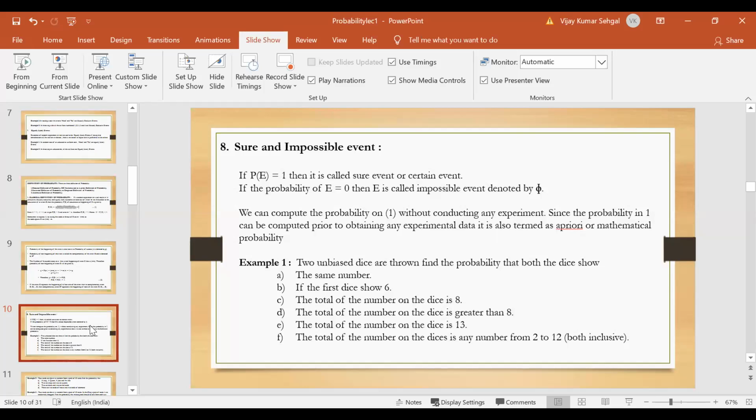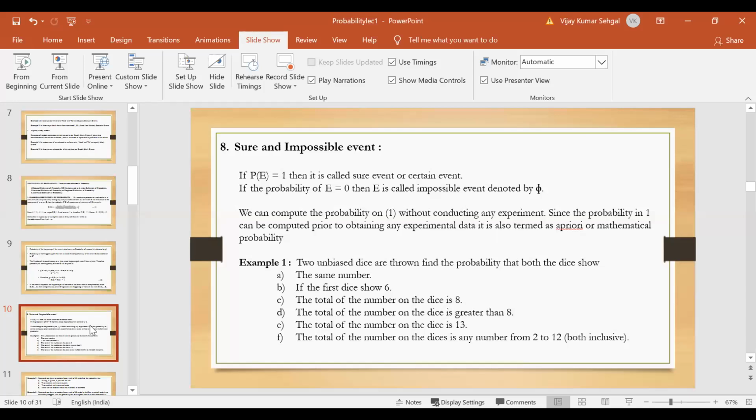So in this case, we have to find the favorable cases of getting a sum of 9, 10, 11, and 12. How can you get 9? 9 can be 6, 3, then 5, 4, then 4, 5, then 3, 6. That means 4 possibilities in this case.